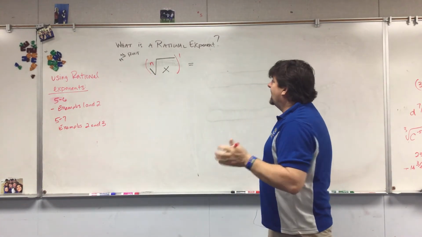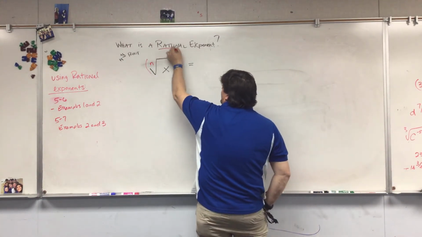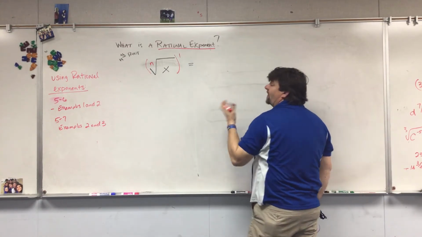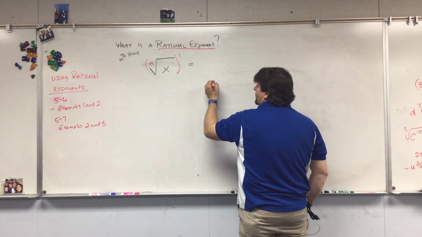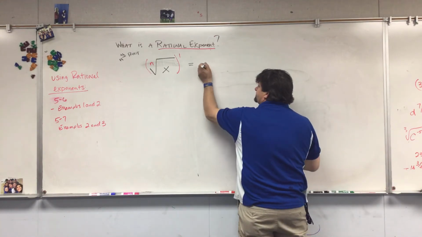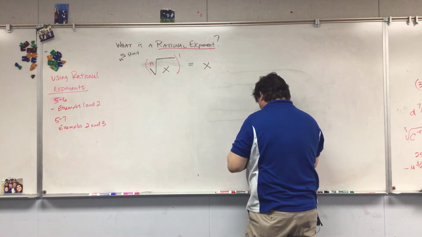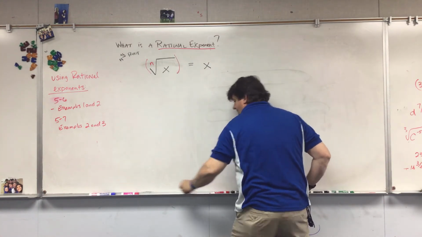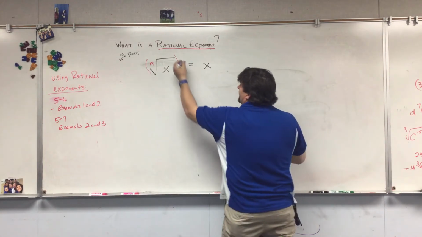So what they mean by a rational exponent is it's basically a fractional exponent, and this is how it works. X, and then, you know what, I'm going to make this in blue.